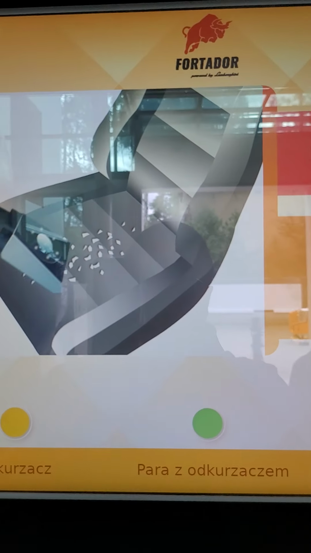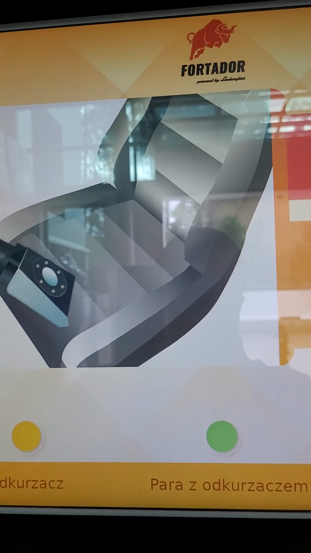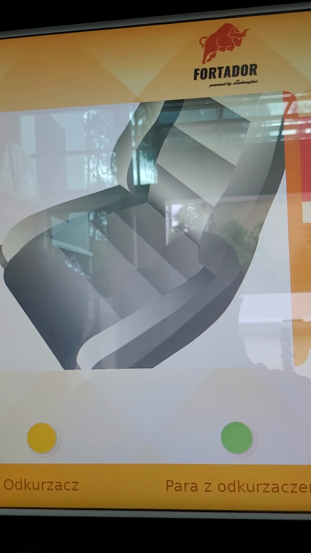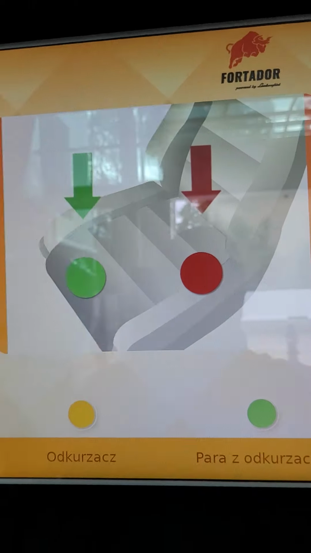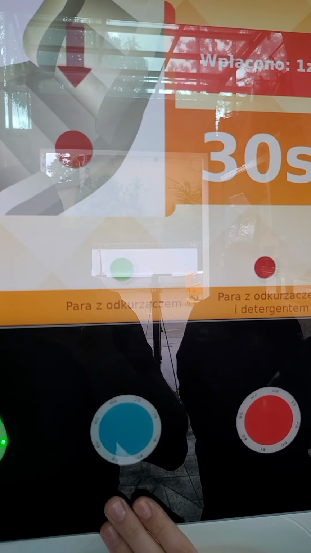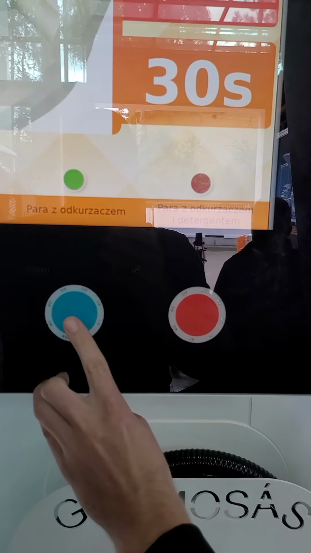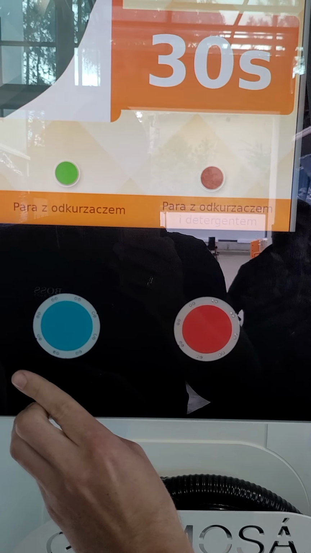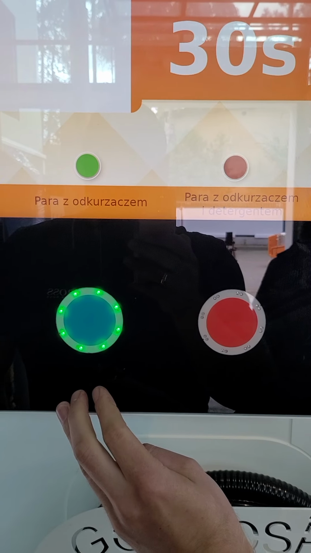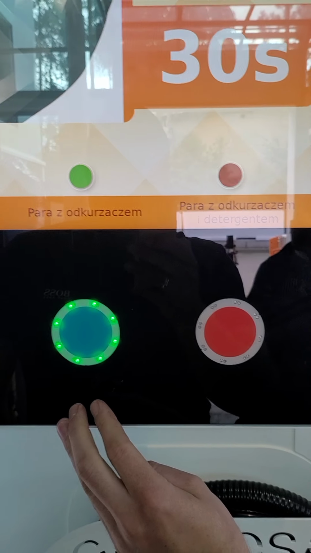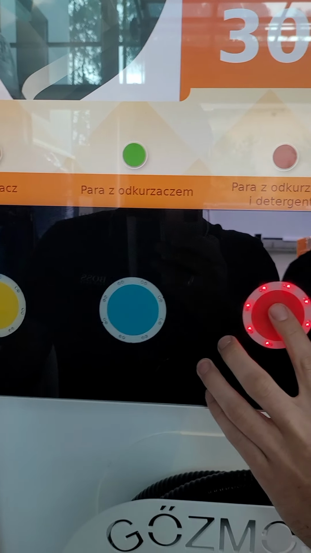And you have an instruction that you have to vacuum the upholstery. Now the machine is suggesting to go with two other programs, either steam detergent or just steam. We are choosing steam and vacuum, or steam vacuum detergent.